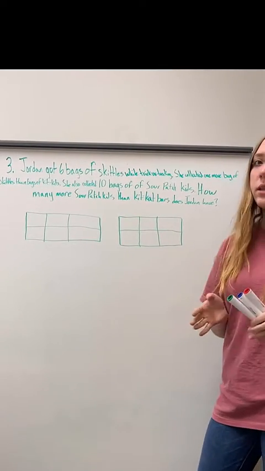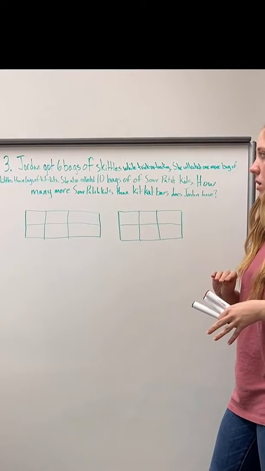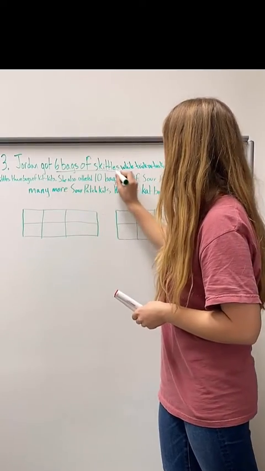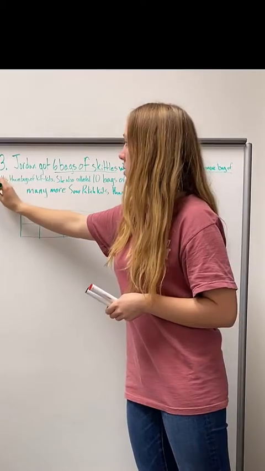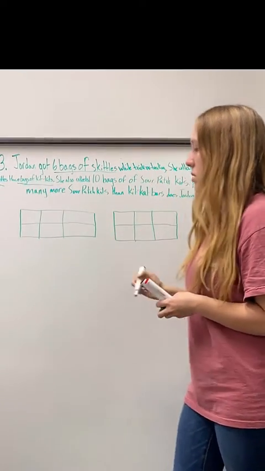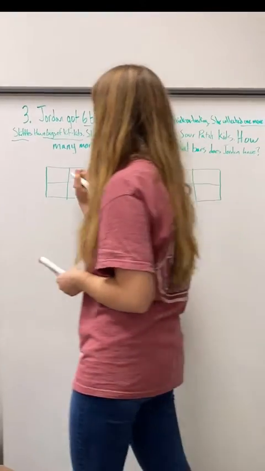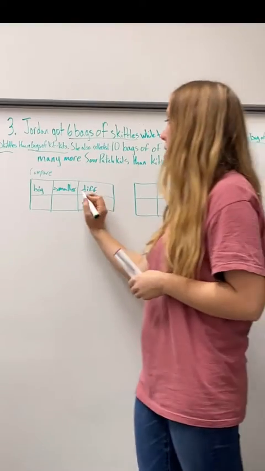So first we're going to expect our students to work out comparing the 6 bags of Skittles to having 1 more bag of Skittles than bags of Kit Kats. So that's where our first problem is going to come from, which is comparison. We'll have bigger minus smaller equals difference.